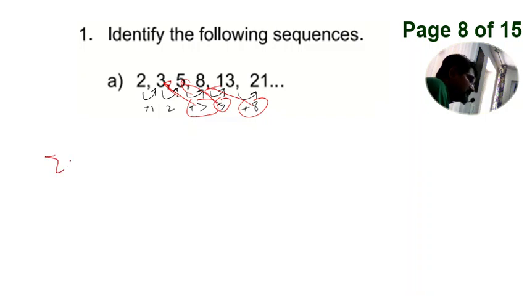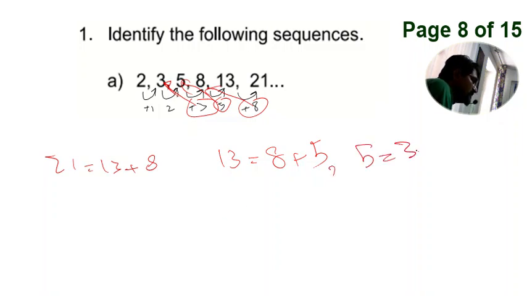That is, 21 equals 13 plus 8, 13 equals 8 plus 5, 5 equals 3 plus 2. That is the Fibonacci sequence.